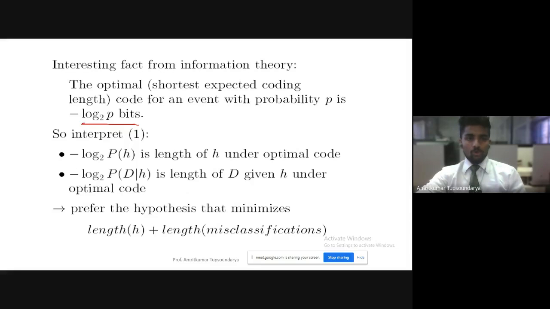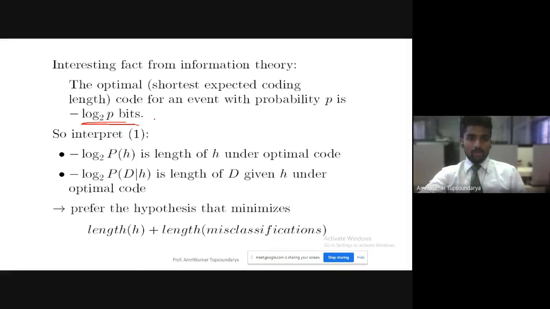This is optimal because we have to consider the shortest expected coding length. We have to look for the shortest expected coding length because we are defining this on the grounds of Occam's razor. And what does Occam's razor say? It prefers the shortest hypothesis.